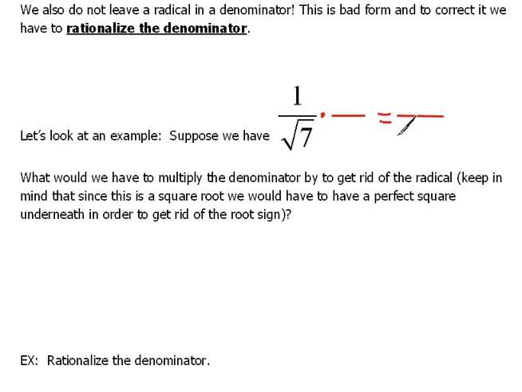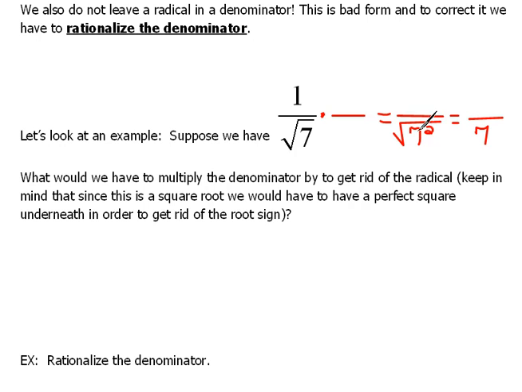Our goal is to turn this into the square root of 7 squared. Why did I pick the square root of 7 squared? I chose that because the square root and the square are basically opposite operations. They undo each other. So we would then be left with just a 7 in the denominator.